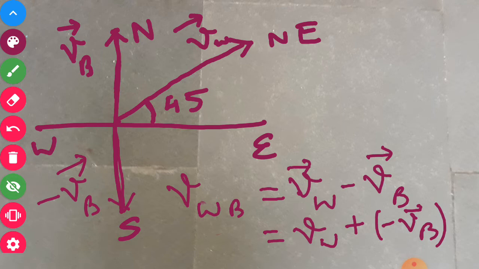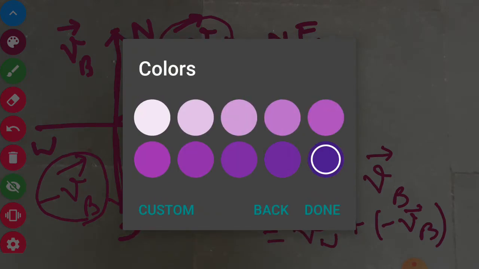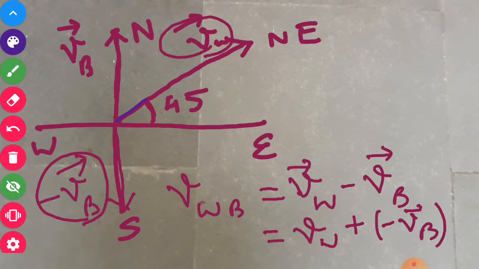Now one vector is velocity of wind, the other vector is minus velocity of boat. Both are shown as two adjacent sides of the parallelogram. Now you complete this parallelogram, then the diagonal passing through the common point will give the direction of the resultant vector.